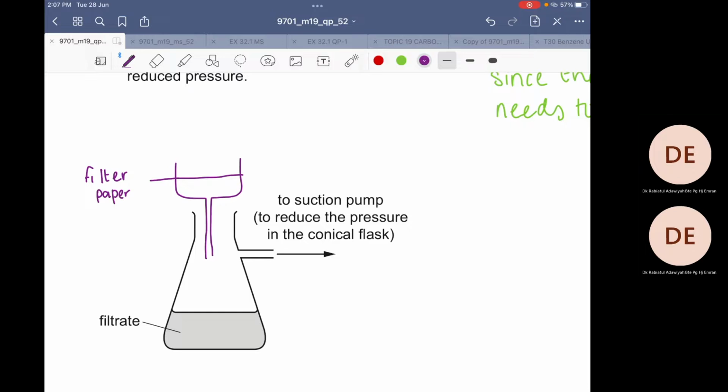Without a filter paper, the filtration would be useless. I can assure you, solid will pass through. This one is your Buchner funnel. And, okay, something is missing from my drawing. Can anyone see what's wrong? I want to create a vacuum. Air.